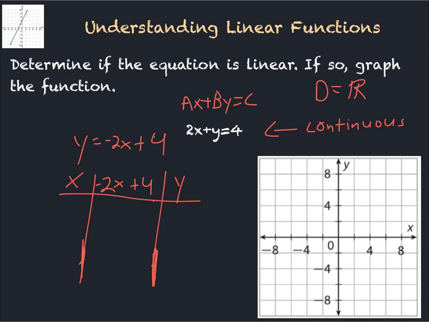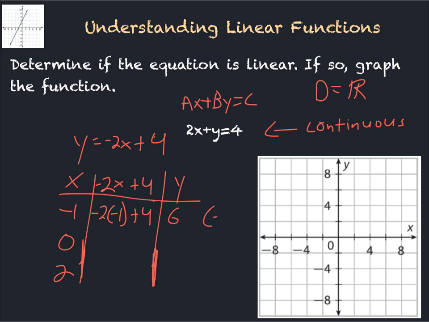So with linear functions, you're going to want to get 3 or 4 points on there to get a good line. So again, our domain is all reals, so it doesn't matter which 3 points you choose. I'll just go ahead and choose negative 1, 0, and 2. So if we plug negative 1 in here, that's negative 2 times negative 1 plus 4, which would be 6.